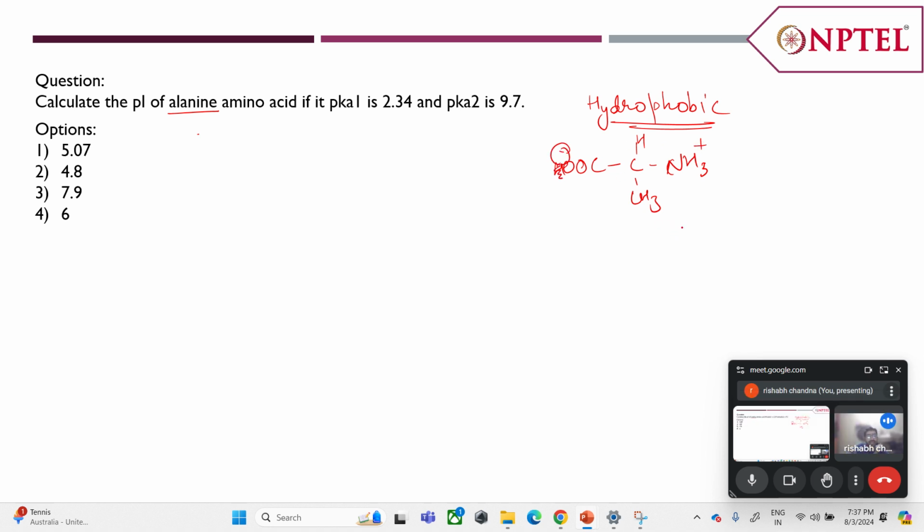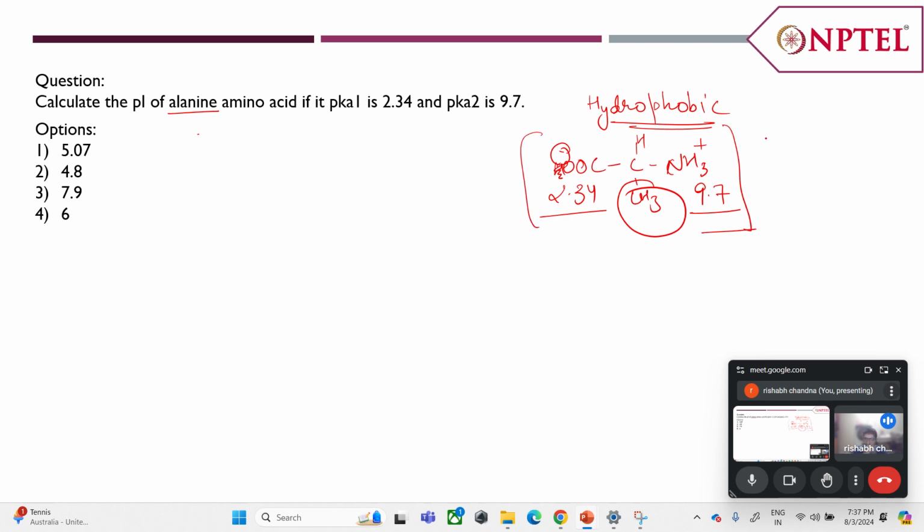It has a methyl group as its side chain. Because there are two charged groups in alanine, it will have two pK values, one for each group. 2.34 is for the acidic group and 9.7 is for the basic group.